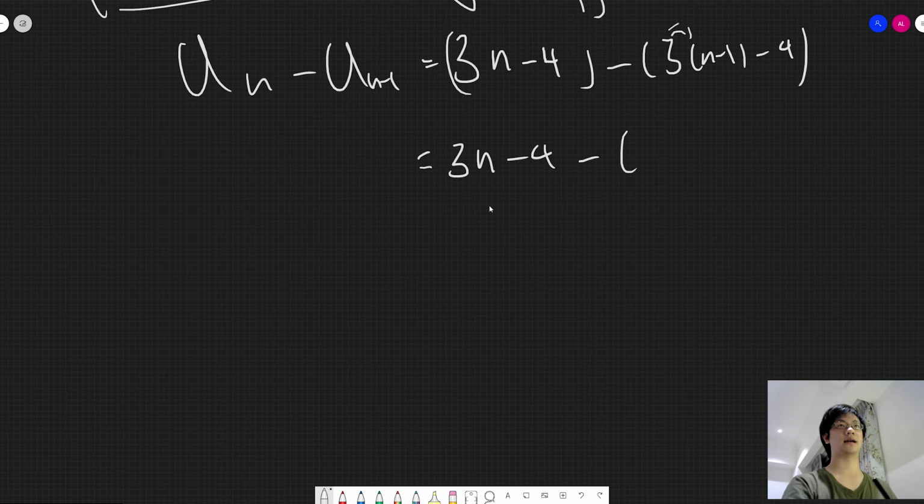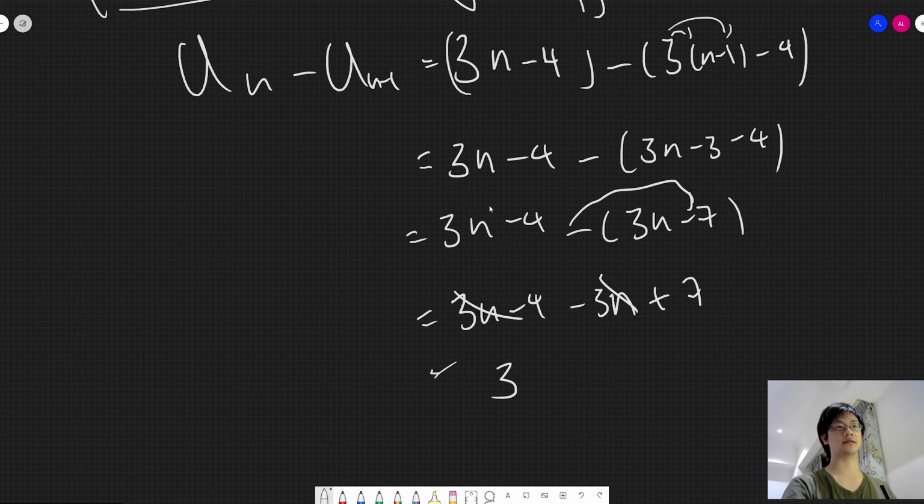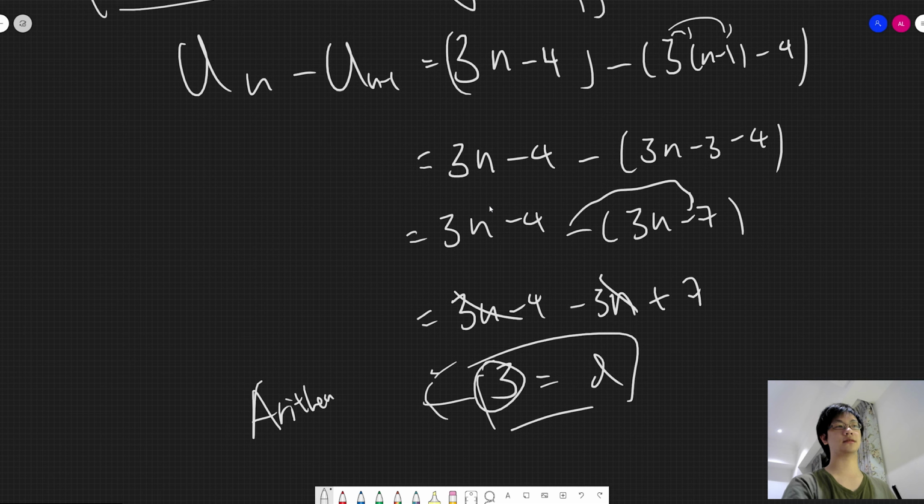So I do the inside bracket first: 3n minus 3 minus 4, which is 3n minus 7. So 3n minus 4 minus 3n plus 7. The 3n cancels out and I get 3, which is my common difference. Since this is only a number, I've shown that it's an arithmetic sequence.